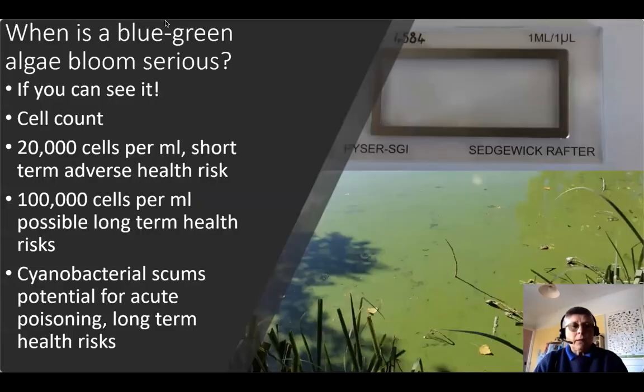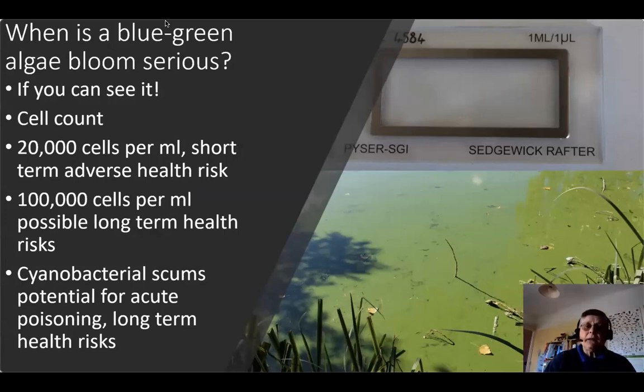Okay. As we're talking about blue-green algae, perhaps one of the things that we should mention is it's a problem if you can see it. Usually if you can see a blue-green algae bloom, then that means there are probably thousands of cells present. The mechanism that we use if there's a suspected blue-green algae, or we want to know how potentially serious it is, is to use this Sedgwick Rafter cell that you can see.